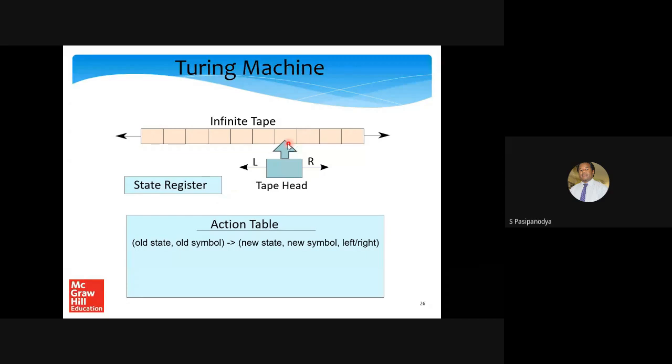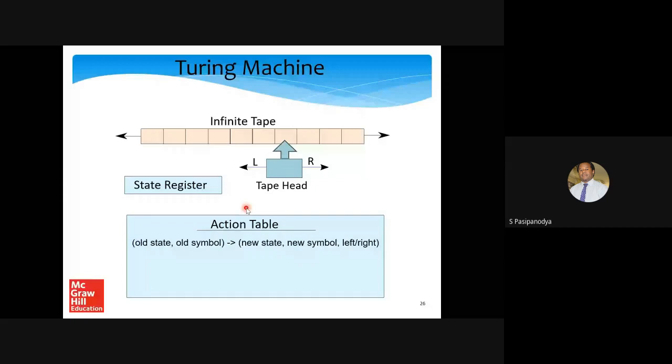We then have the state register, registering the state of the head, meaning to say the head position. It has an old position, it has a current position, and it has a new position. And the actions that are going to be taken by the head are written in the action table.